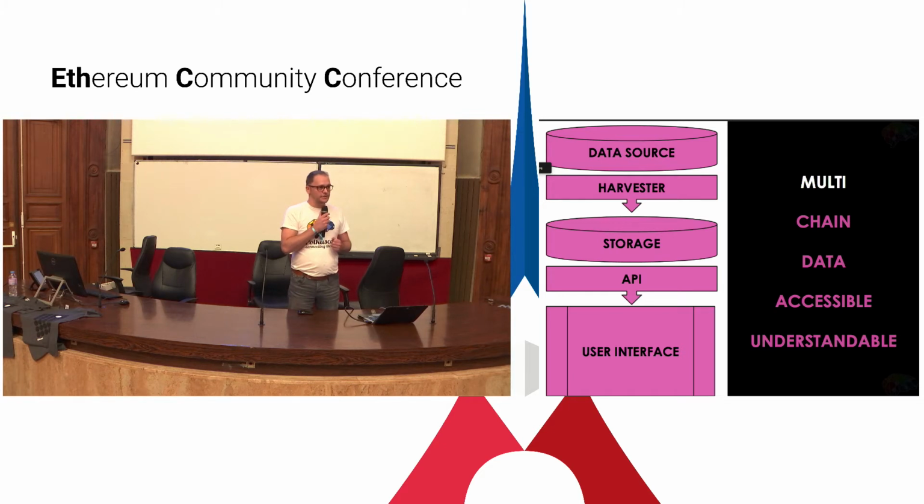We have a harvester application, which does nothing more than get as much data out in a systematic way. It puts it in a general storage, which is a large database. These databases can grow up to 10 terabytes, for example. We put an API on top of that, and we put a user interface on top of that.